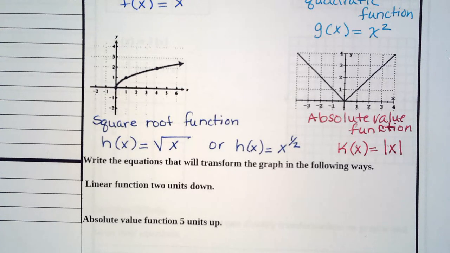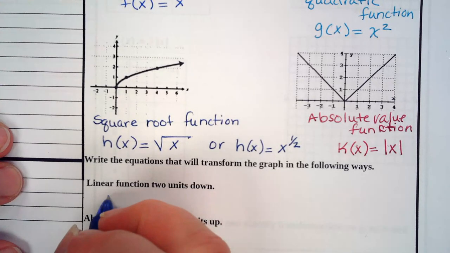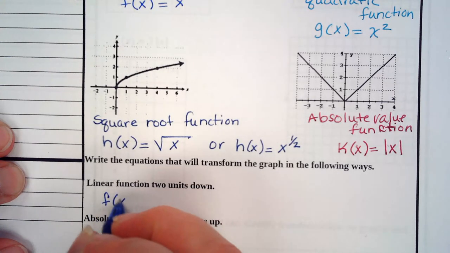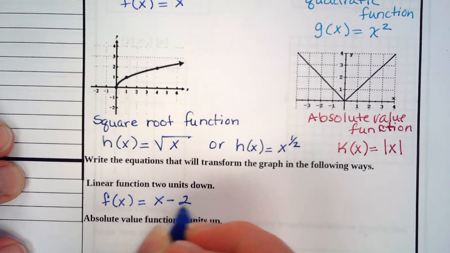Well, I'm going to subtract 2 at the end. So we'll use f of x, that's what we're transforming, is equal to x minus 2.